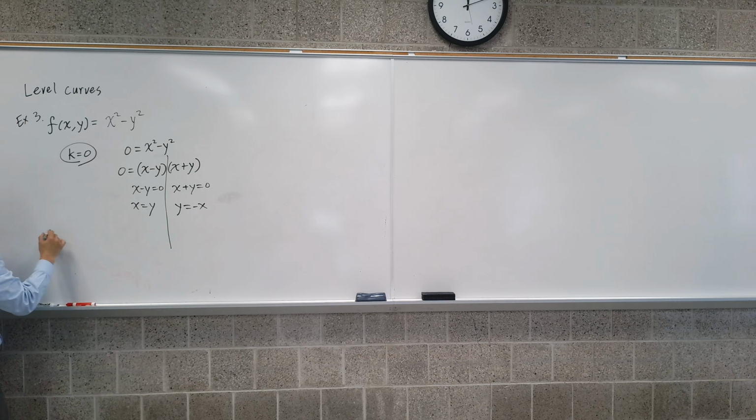So that gives you one graph, y equals x, and the other graph is y equals negative x. In other words, this single equation gives you two lines. Have you ever seen that, a single equation actually giving you two lines?